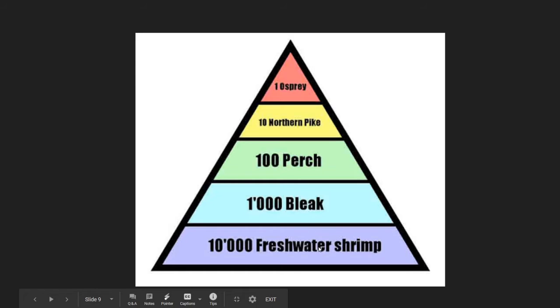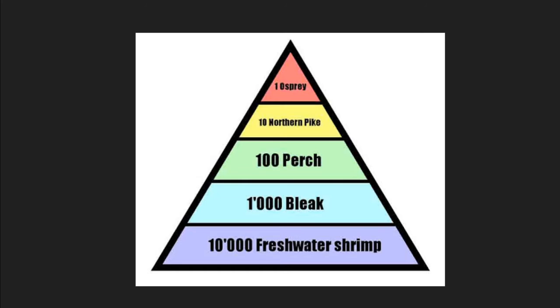All right, if we take a look at these numbers, which one do you think is going to be the single most important layer towards the health and stability of this ecosystem? So if I was going to do something terrible ecologically and I was just going to annihilate one of these levels, looking at it, which one do you think is the one that we should keep? The single most important, the one that we've got to protect.